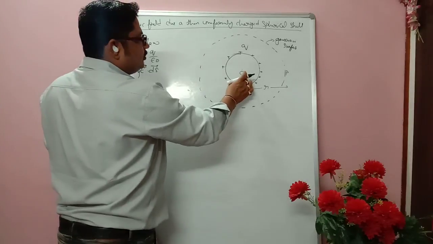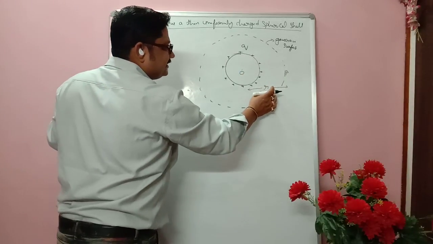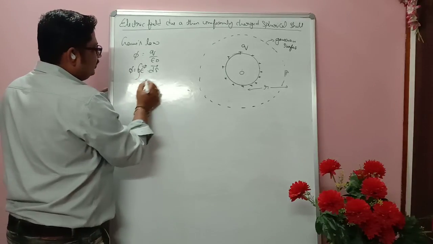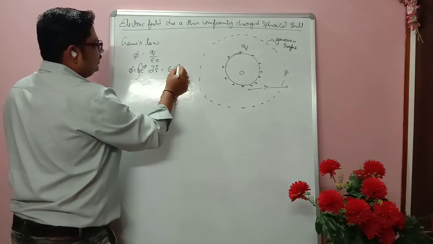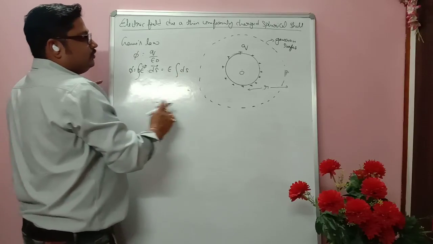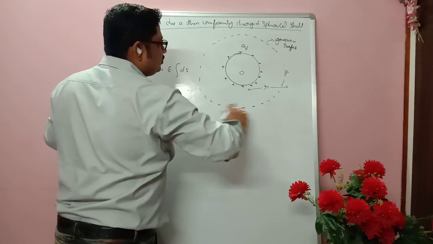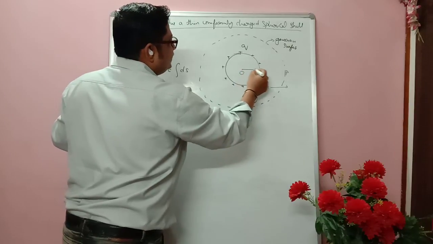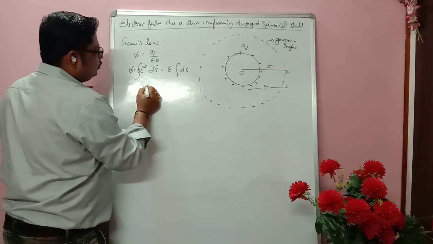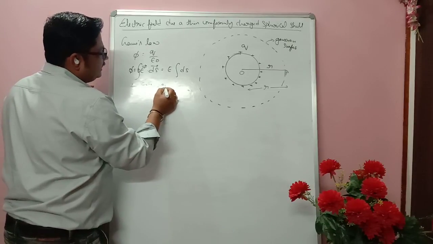Now if we talk about the electric field at point P at fixed distance r, then the electric field will be constant. So it will be E times the integral of ds. We know that this Gaussian surface is of radius r, so the integral of ds is 4 pi r square, giving E into 4 pi r square.